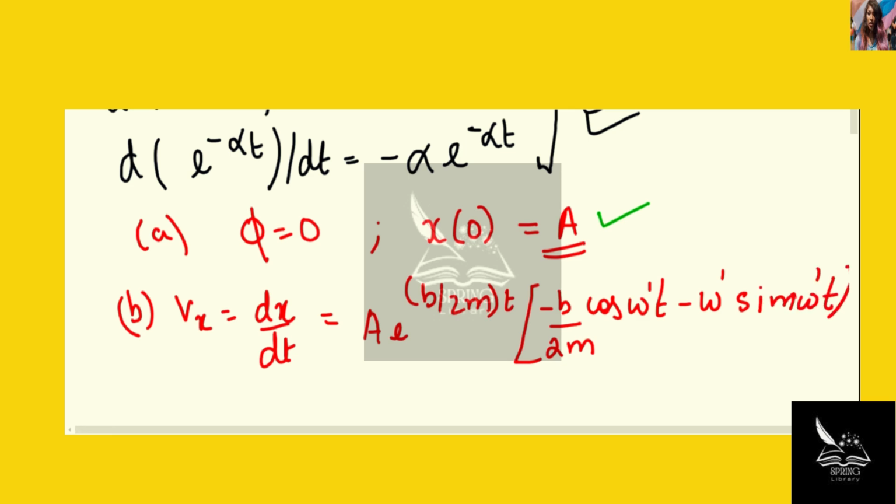So this is sine, yes, we can just remove this. It is sine. Okay, understood this much?